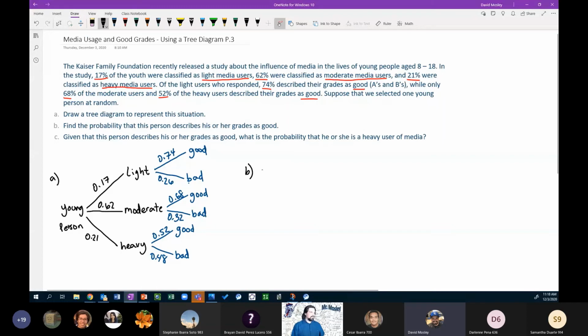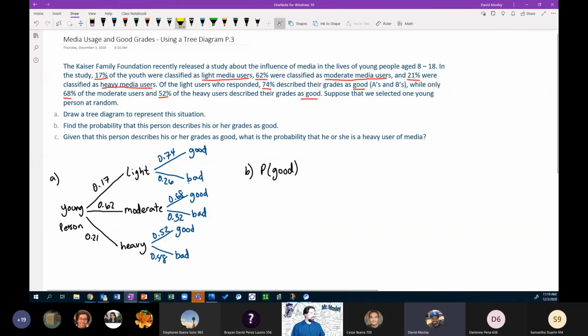Okay. So now question B says, find the probability that this person describes his or her grades as good. We want the probability grades are good. In this case, because there are 3 branches, there's 3 ways to get to good grades.